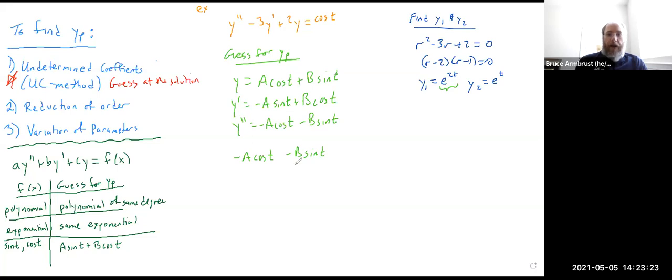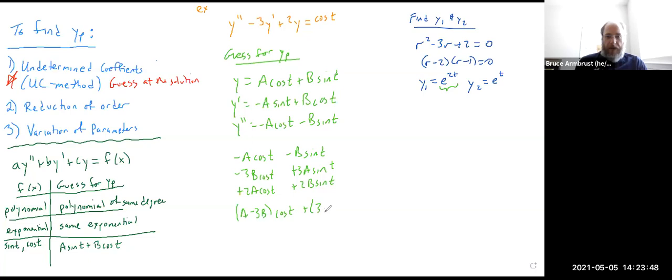Minus 3y prime, so plus 3a sine minus 3b cosine, plus 2 times our original function, so that's plus 2a cosine plus 2b sine. So when we combine that all together, we get a minus 3b times cosine of t.